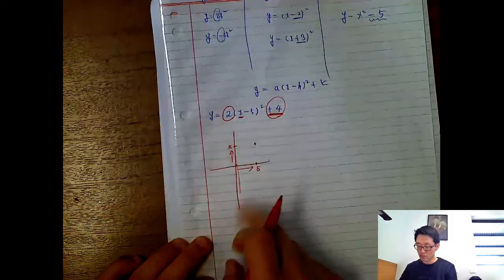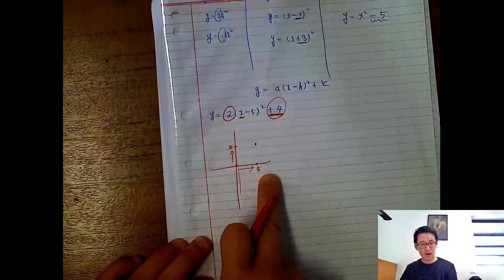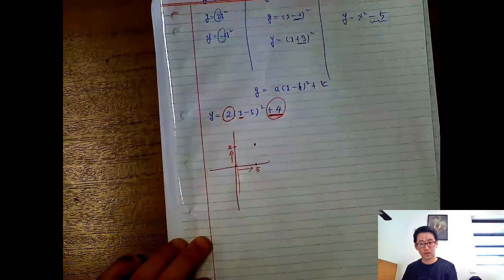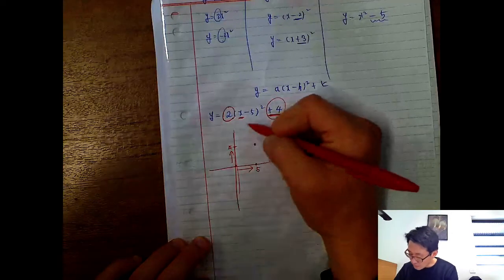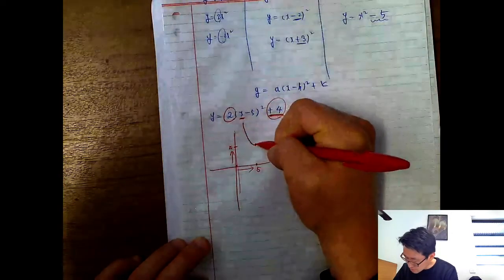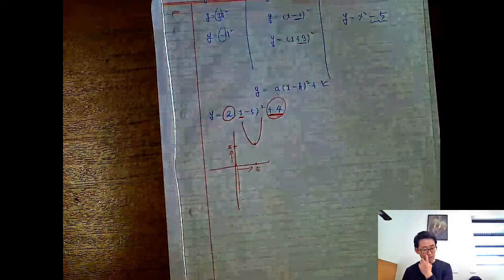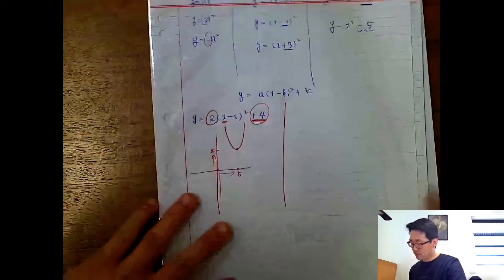The turning point moves horizontally positive 5, vertically plus 4. And this one will look like that. Is that easy enough for you guys? Let's do another question.